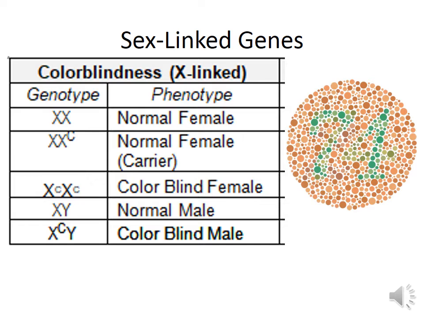But if you can see 74 from that figure, it means hindi ka color blind. So let's look at the genotype. So for females, magkakaroon lang ng colorblind female if both of them have XC, XC. But for males, once na may C yung X nila, colorblind na agad.